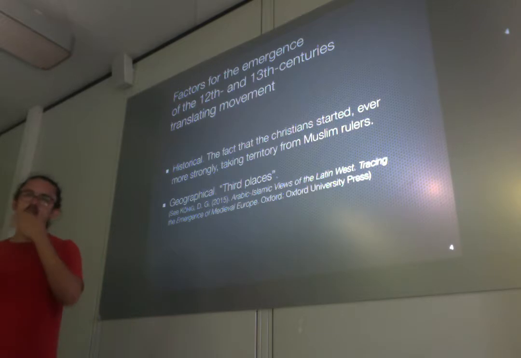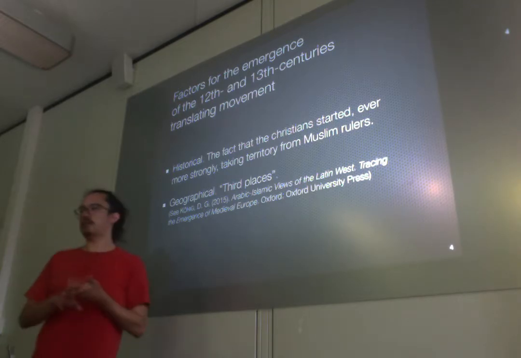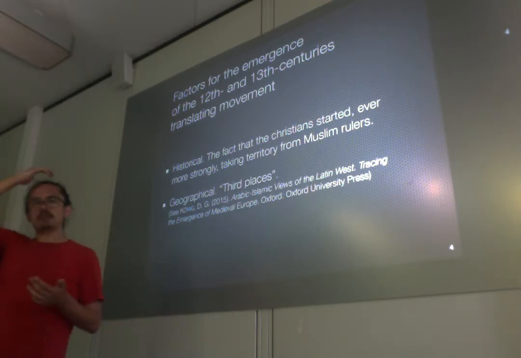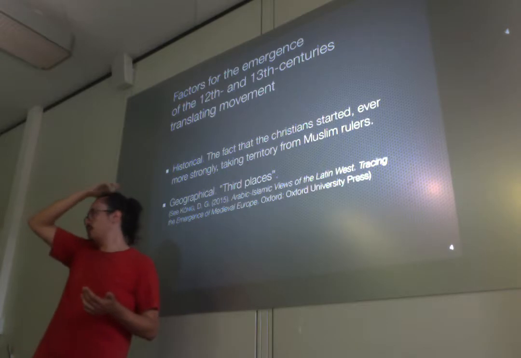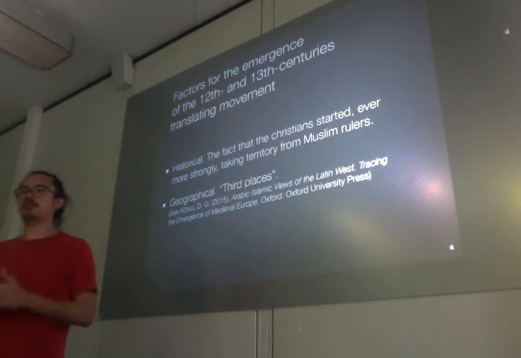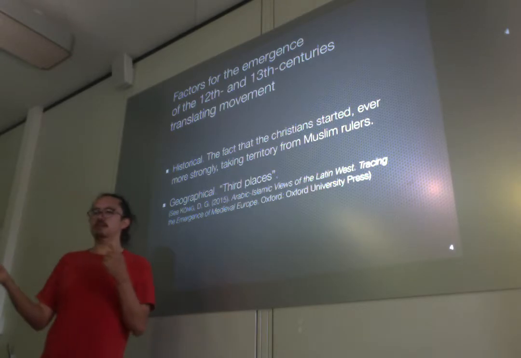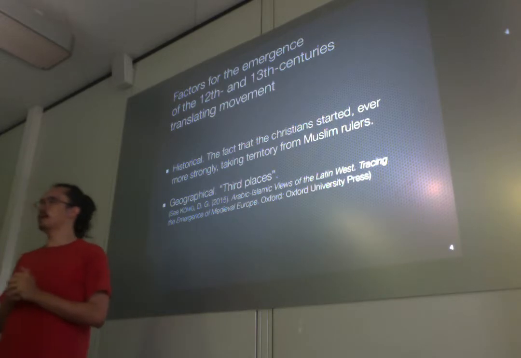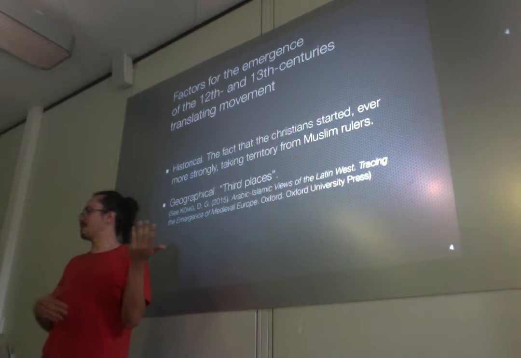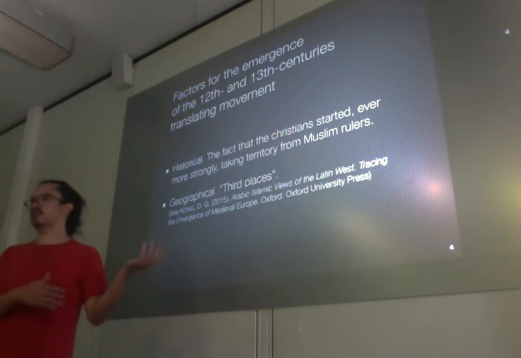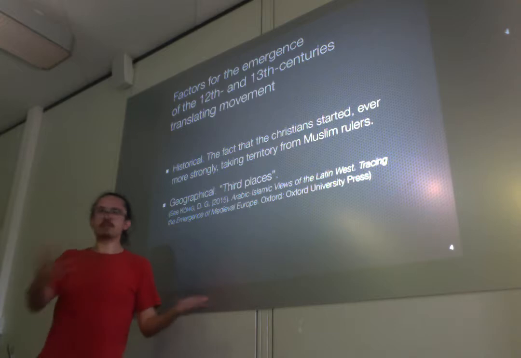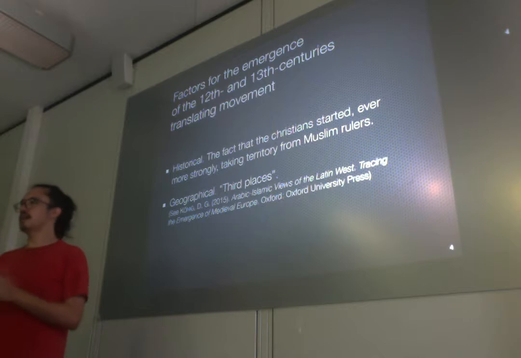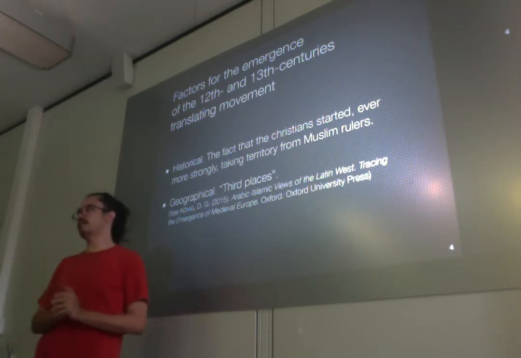Two main libraries we can think of: the library in Zaragoza, the library of the Banu Hud in Rueda de Jalón, and the library of Toledo, which was actually enriched by the library of Rueda de Jalón, because when the Banu Hud dynasty fell, ended their reign over Zaragoza, they gave the books to the ruler of Toledo in exchange for some territory in Toledo. So actually the same books that were in the Taifa of Zaragoza ended up in the library of Toledo.